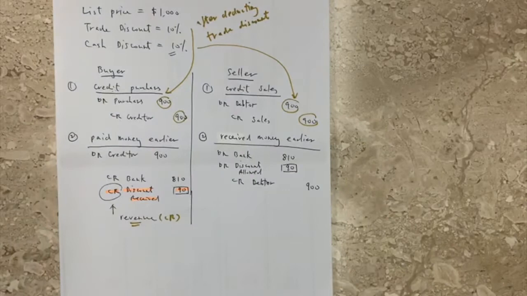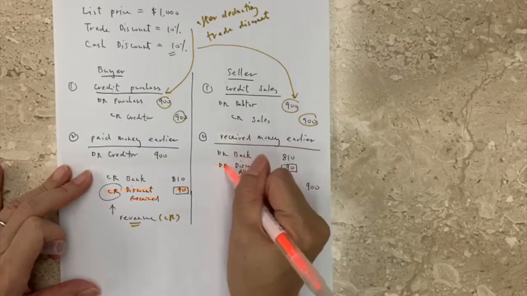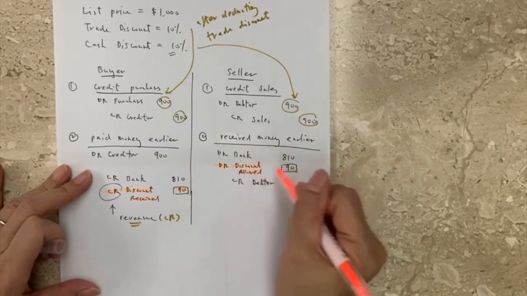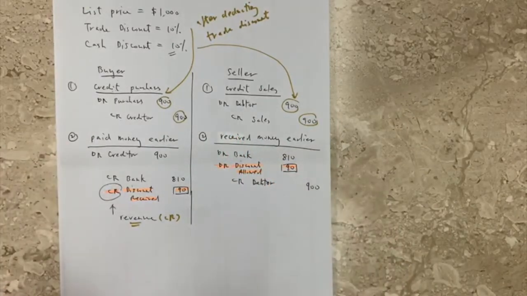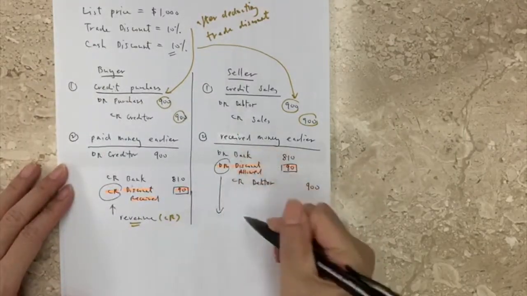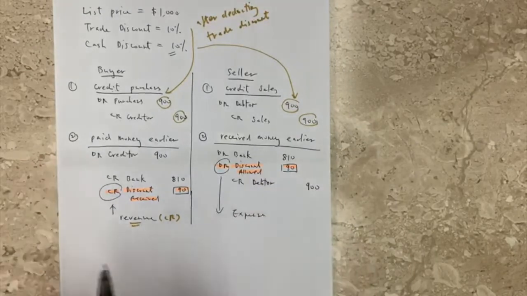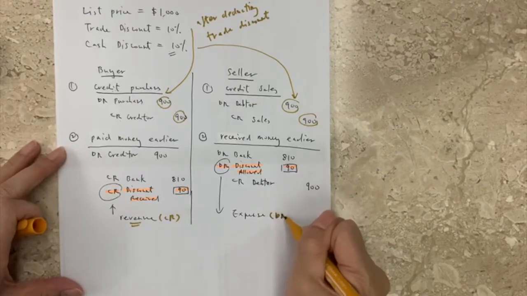So discount allowed is the new thing here in today's lesson. We give discount allowed to the debtor if the debtor pays us earlier, so this discount allowed is a kind of expense, and a kind of debit item.